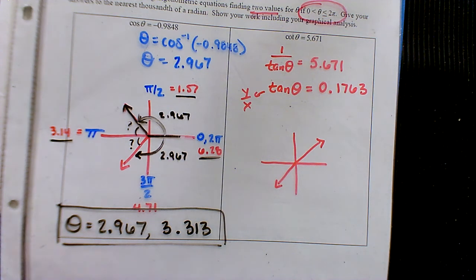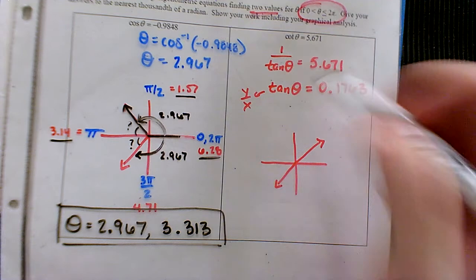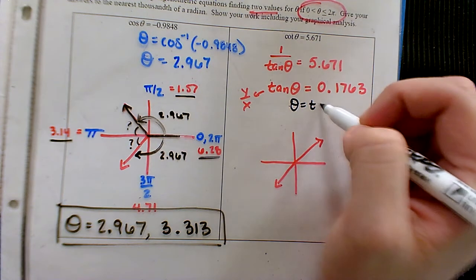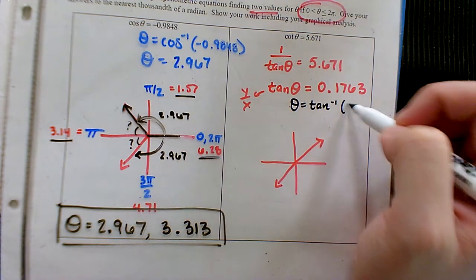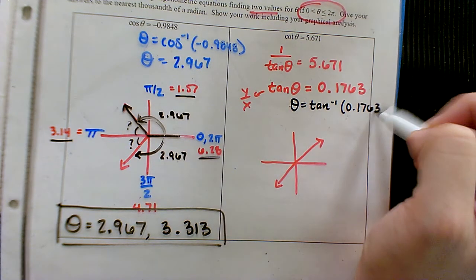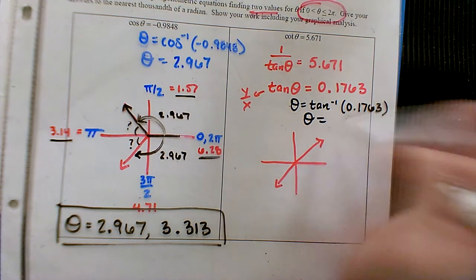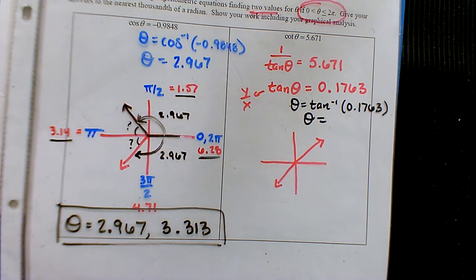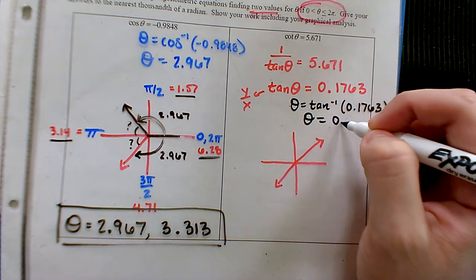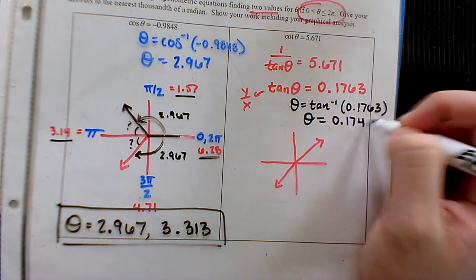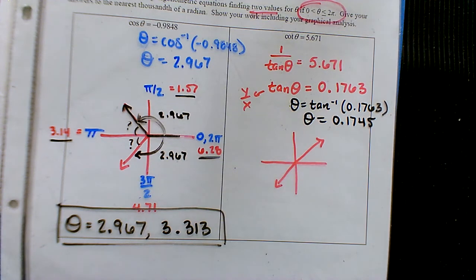All right, so let's go ahead and let the calculator find one angle for us. We'll move the tangent over using the inverse. We have 0.1745.